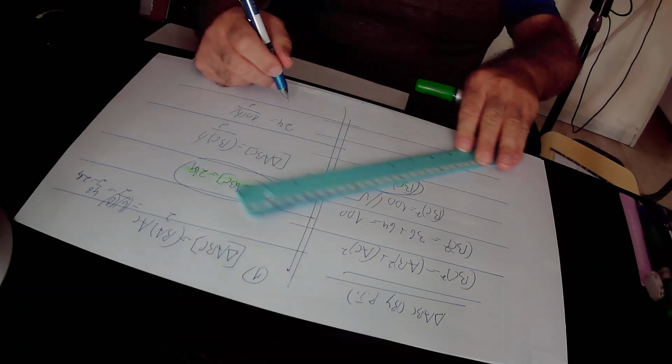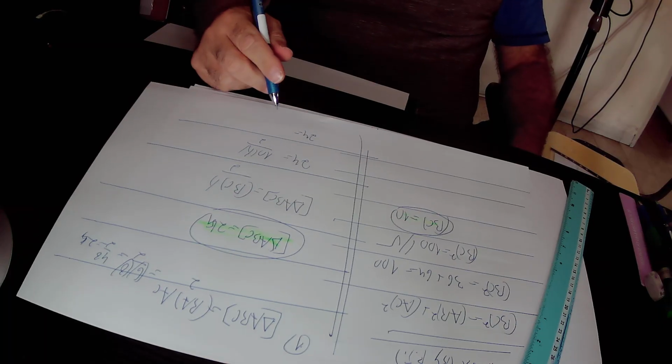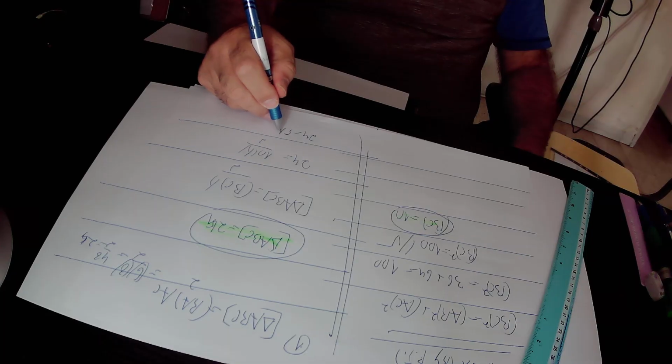So 24 equals 10 over 2, which is 5, so this expression equals 5h. 24 equals 5h.